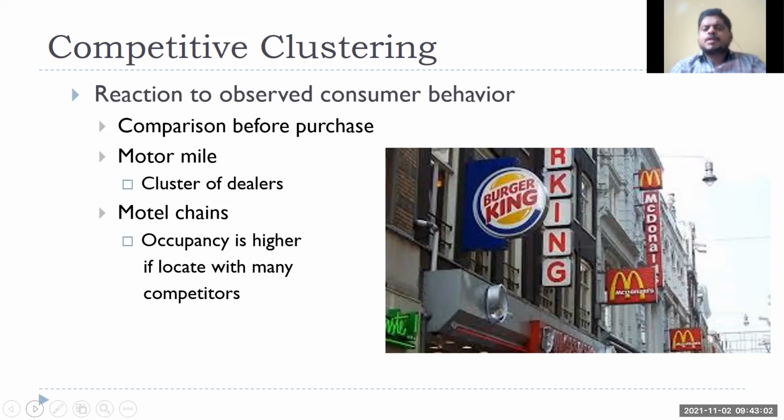But what happens if you are nearby? If that restaurant is overloaded, people generally know if it is overcrowded, so people will go to your restaurant. Vice versa also, if your restaurant is crowded, people will go to the other restaurant. It doesn't happen that I'll send you 10 customers.